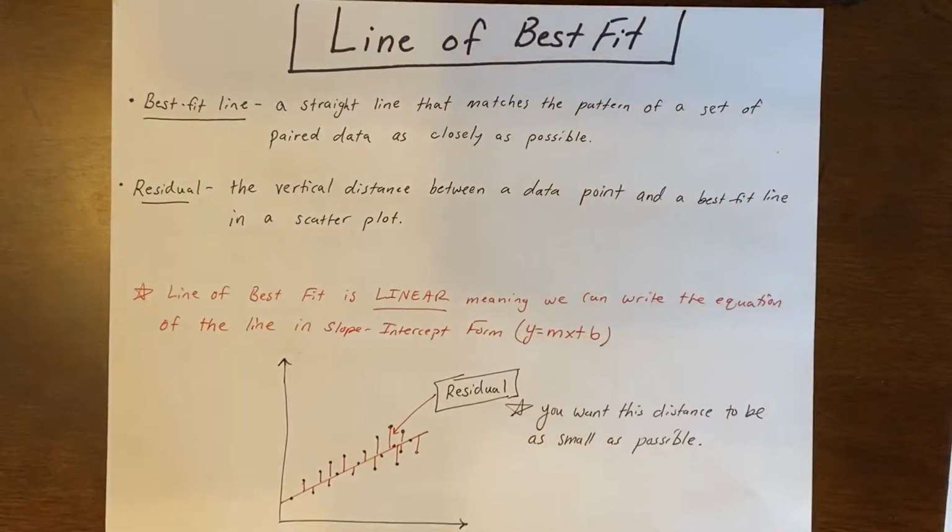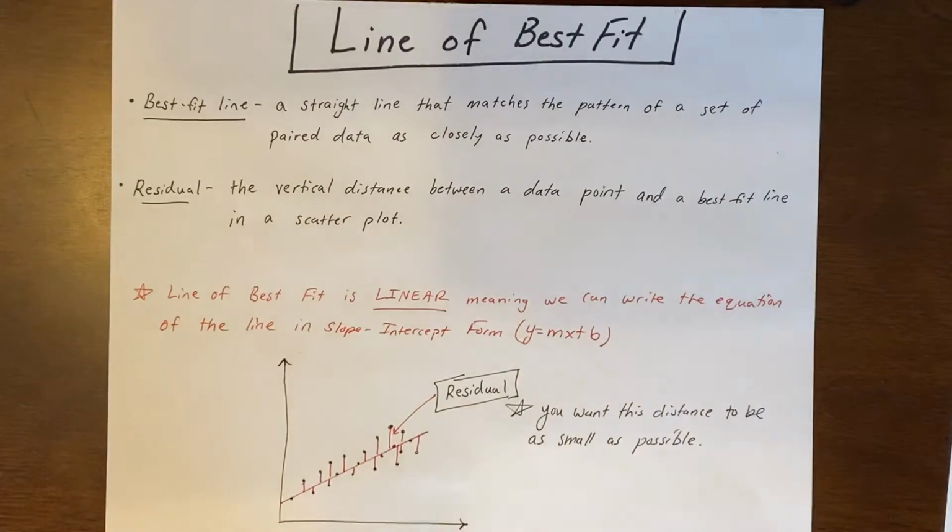If the trend of our data is going downhill, then we would say as one variable increases, the other variable decreases. So all we're going to try to do in this video is fit a straight line between the points the best we can.